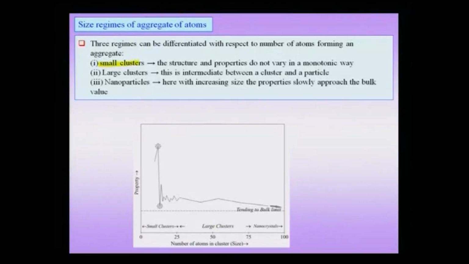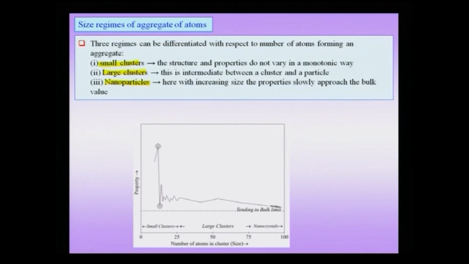One I will call the small cluster regime, one will be the large cluster regime, and of course, I will go into a region which is called the nanoparticle regime, and as we shall see now, one of the special classes of interesting nanoparticles are the nanocrystals or the crystalline nanoparticles. And for now, we will assume that this nanoparticle is a single crystal, that means it does not have further grains in it.